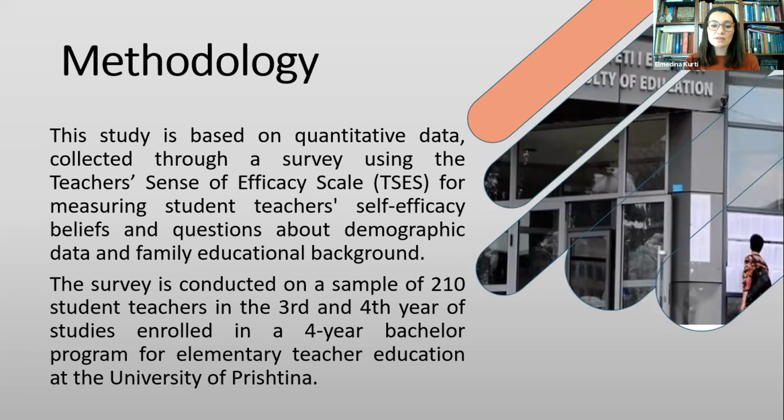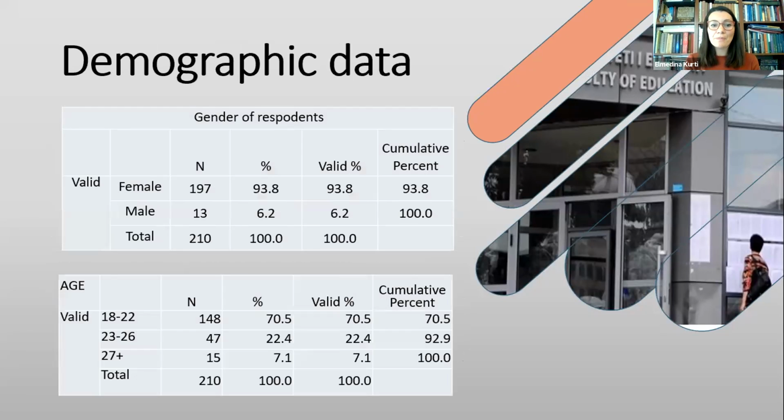This survey was conducted on a sample of 210 student teachers in the third and fourth year of studies, enrolled in the four-year bachelor program for elementary teacher education at the University of Pristina. As you can see on this slide, most of the participants are female, because most of the students in the elementary teaching program are female. So we have 93.8% of them in the study, and most of them are 18 to 22 years old.